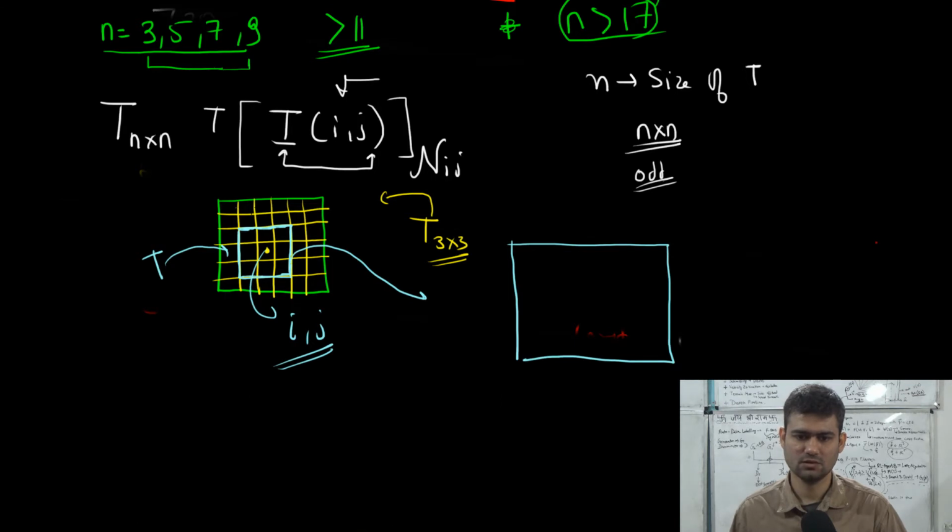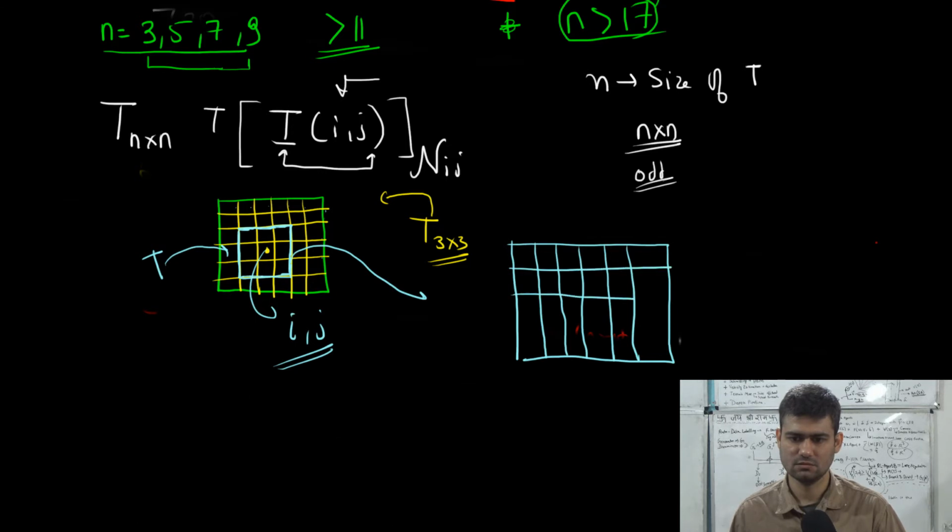So we have 1, 2, 3, 4, 5 divisions. Likewise we have 1, 2, 3, 4 and 5.